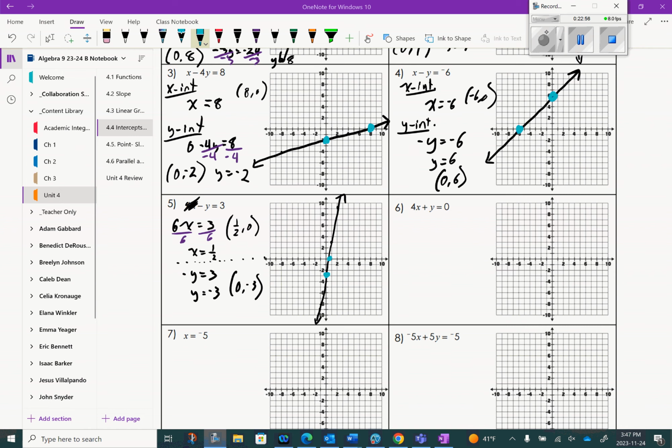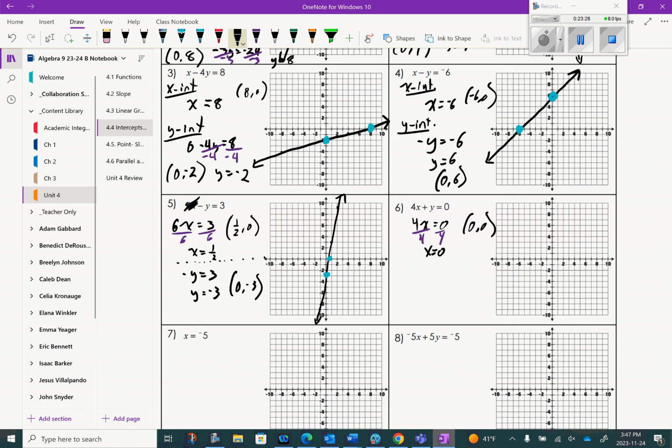Let's take a look at number 6. Oh, this is what they warned us earlier. The x-intercept is at the point 0, 0, which means the y-intercept is also at 0, 0.